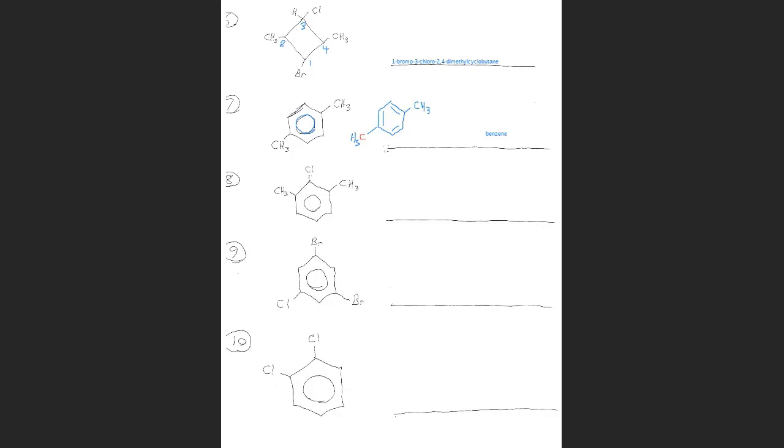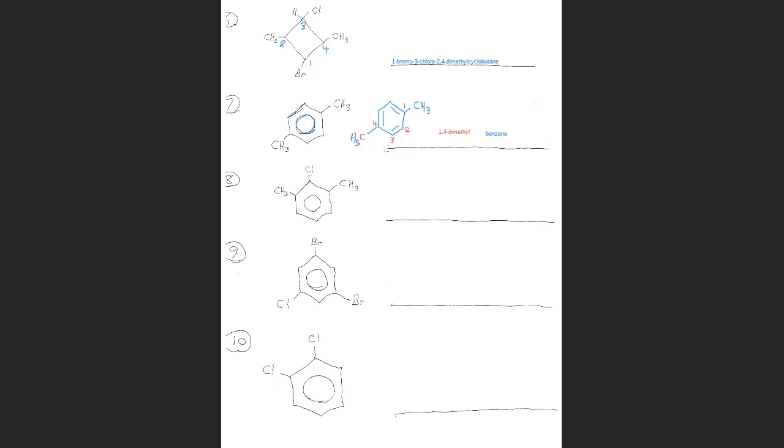It doesn't matter because they're on opposite sides. So this will just be 1, 2, 3, 4, and I will call this 1,4-dimethylbenzene.